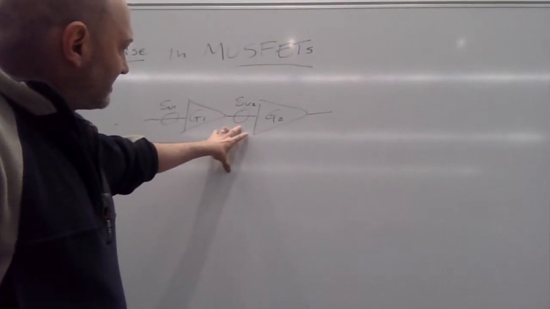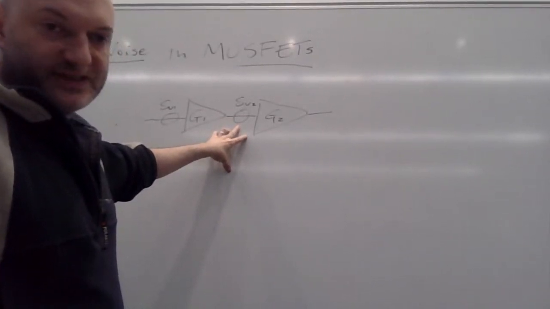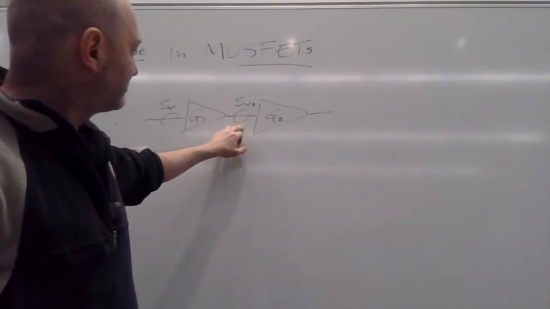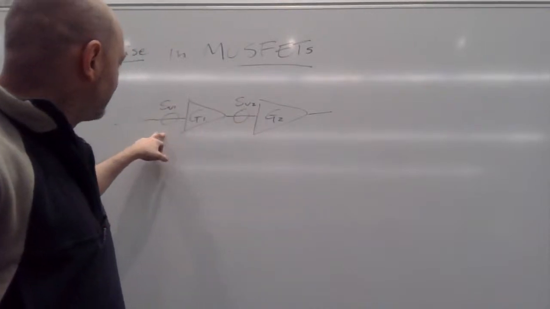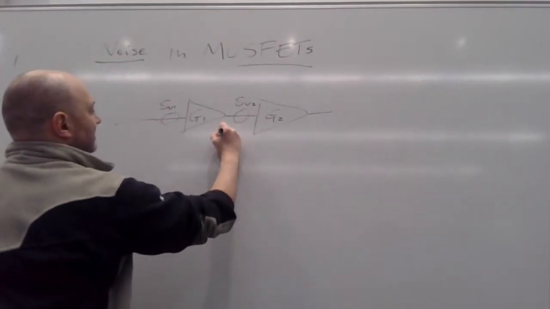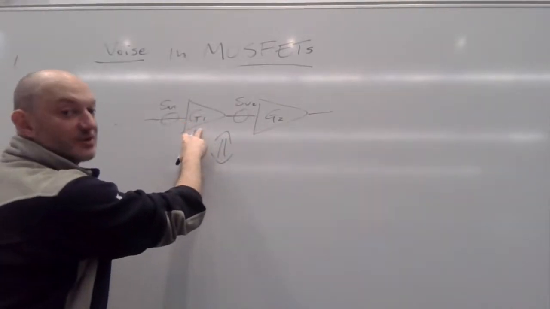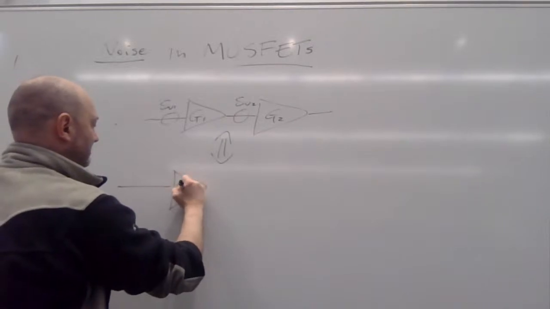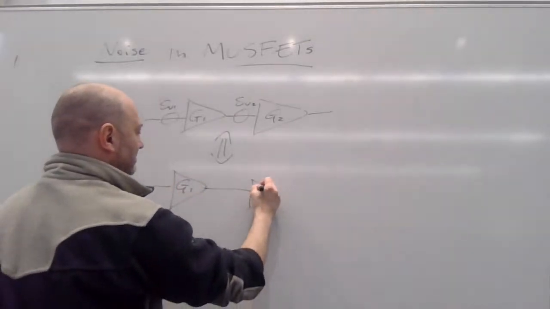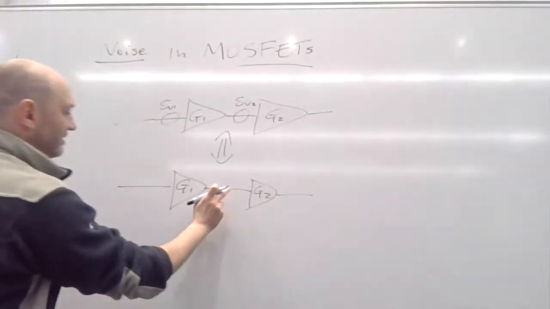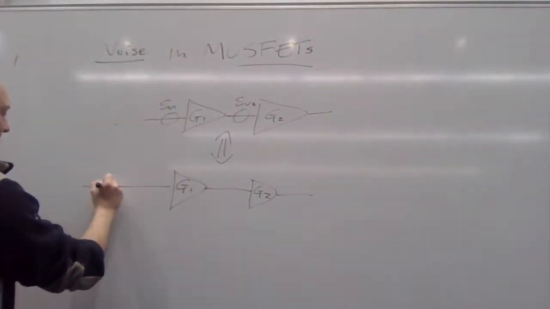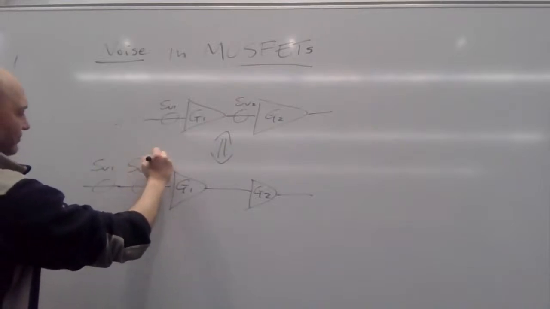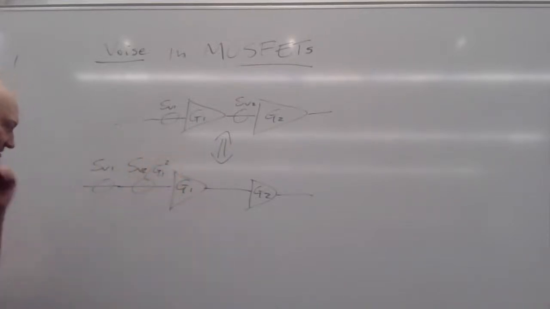Since we are interested in the noise power, which means everything needs to be squared, if I move this second noise source to the input there, I will have to divide by G1 squared. So this I move here, and what I have is SV1 plus SV2 over G1 squared.